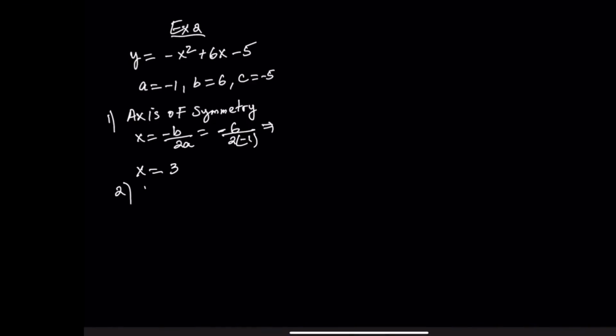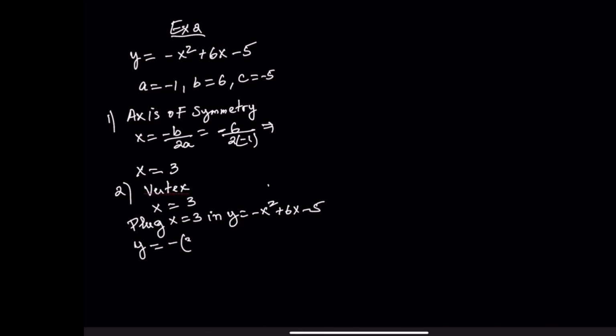Step 2, vertex. Next, let's find the vertex. We already know the x value is 3. Now plug in x equals 3 into the equation y equals negative x squared plus 6x minus 5. That's negative 3 squared plus 6 times 3 minus 5.